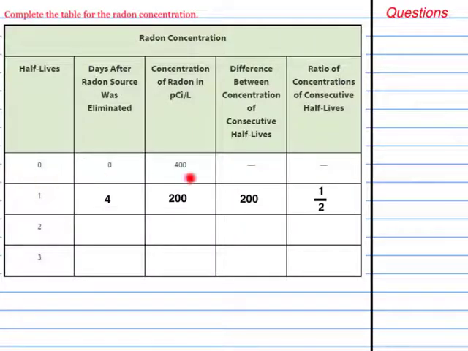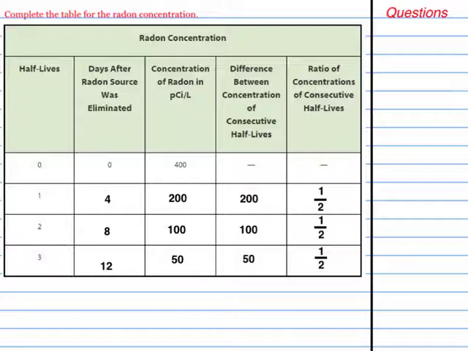Now, we could continue on with the same pattern. Half-life 2, the next half-life, would be 4 days later, which is day 8. Half of 200 is 100. Once again, the difference between 200 and 100 is 100. And then we do 100 over 200 as a ratio, which gives me 1/2.